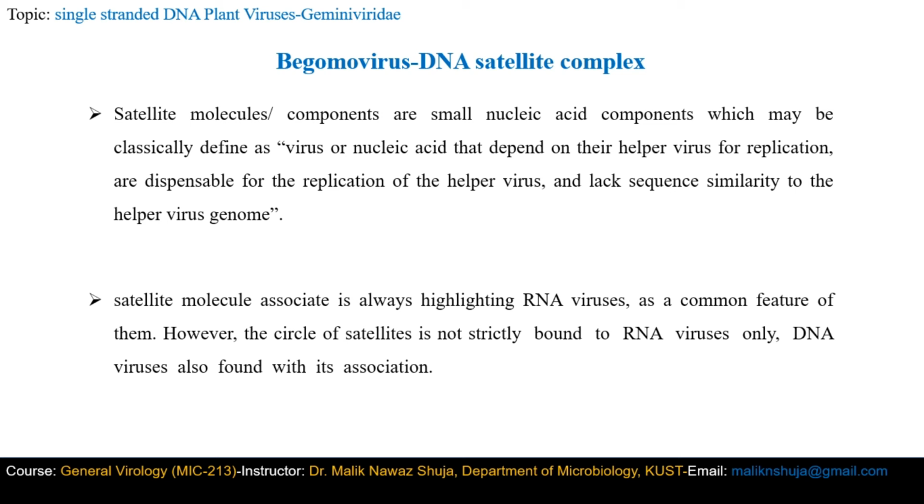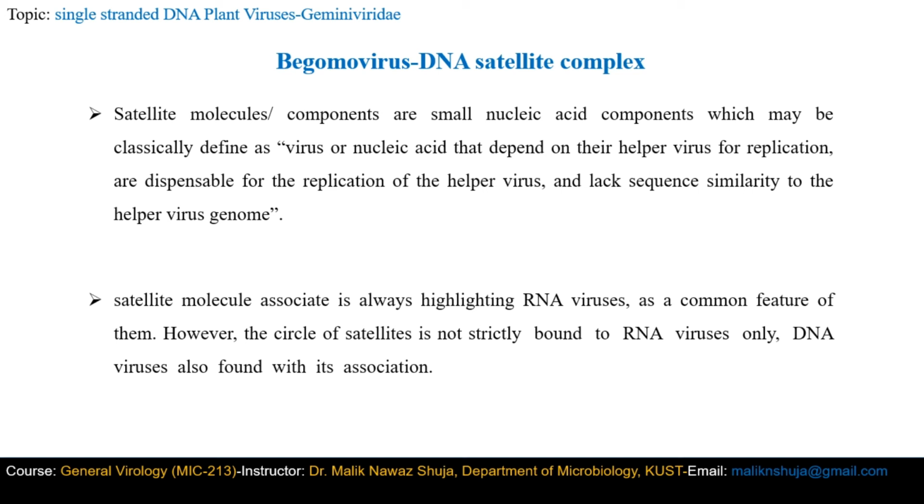Satellites are not only present in DNA form. Initially satellites were reported with RNA viruses and had an RNA nature, but now they have also been reported with DNA viruses, and satellites with a DNA nature.